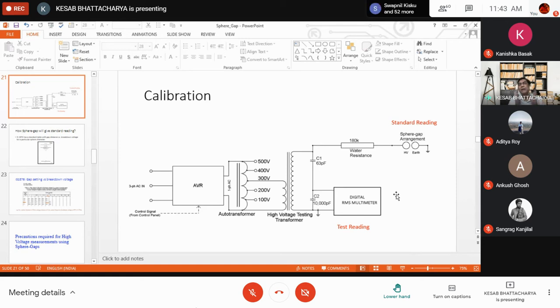Considering the values mentioned in the IS specification as standard, we have to find the percentage error in measurement for each gap distance. That is, the RMS value from IS minus the value obtained from the meter reading, divided by the value of IS, into 100, gives the percentage error.